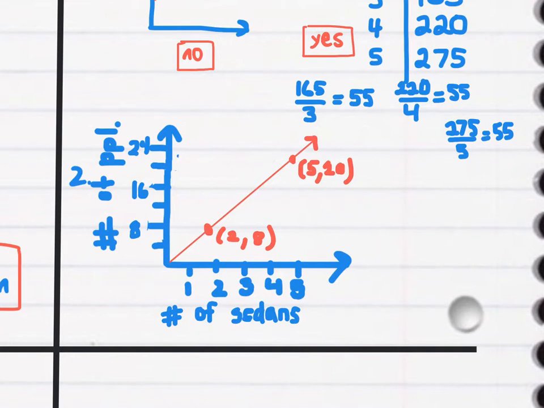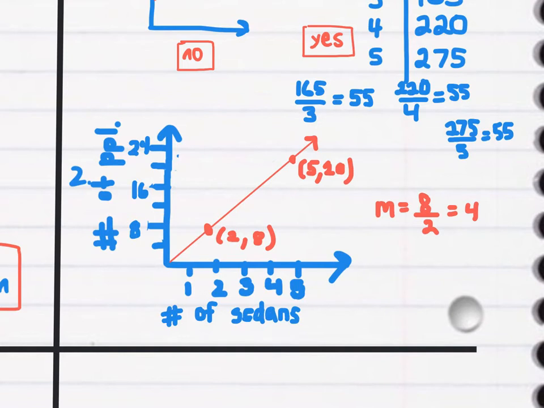To do that, you can take either this ordered pair or this ordered pair or any ordered pair that you see on the line, and you're going to find the m, or the constant rate of change. So here for m, I'm going to use the 2, 8. It's going to be 8 divided by 2, and then that's going to equal 4.